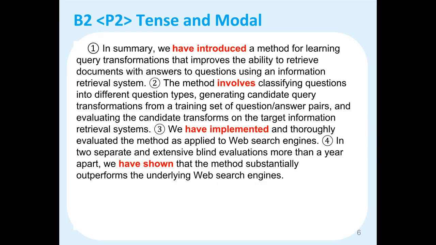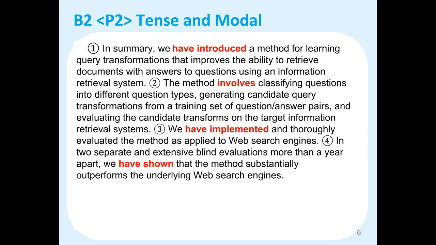"We" reappears in sentence 3, "we have implemented," and sentence 4, "we have shown." This consistent use of "we" as the actor drives the final 2 sentences, which are the most critical: the confirmation of implementation and the declaration of superiority. The other primary actor is the research subject itself, the method.